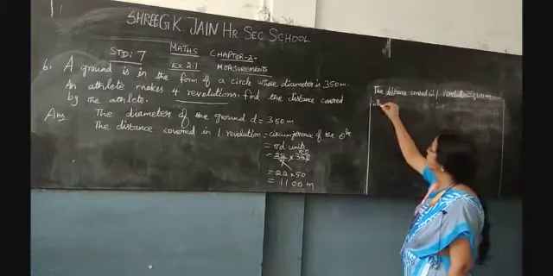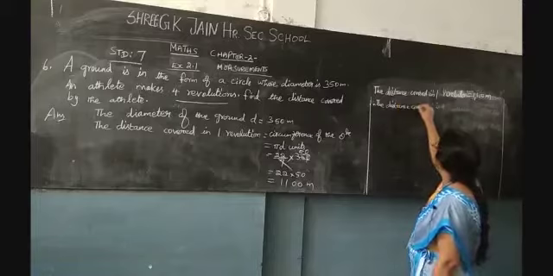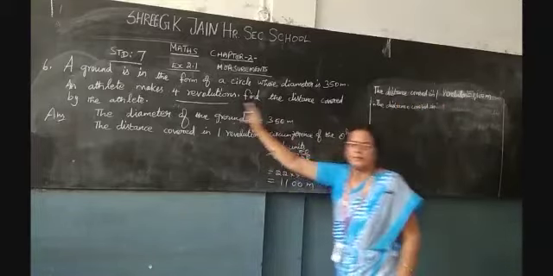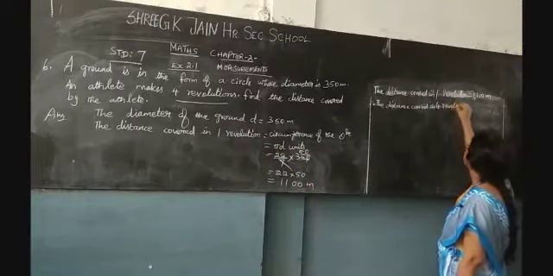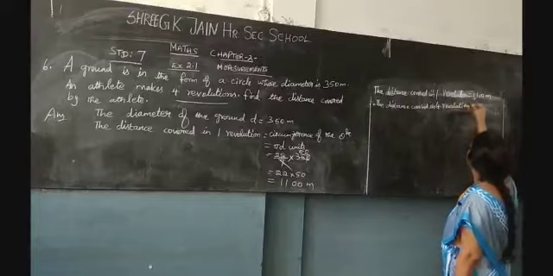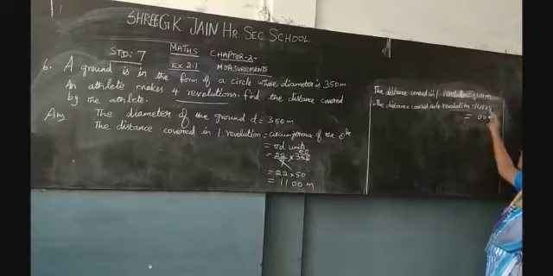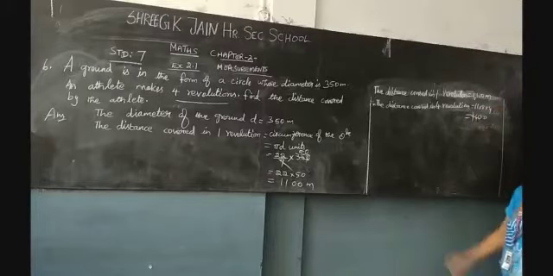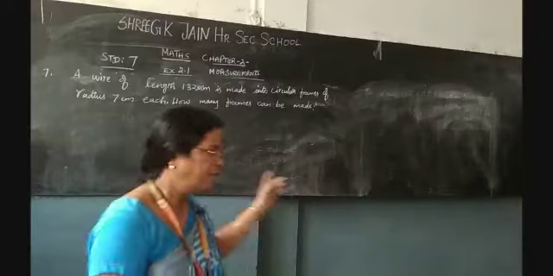Therefore, the distance covered in 4 revolutions equal to 1100 into 4. 4 zeros are 0, 4 zeros are 0, 4 ones are 4, again 4 ones are 4. How much did we get? 4400 meter.